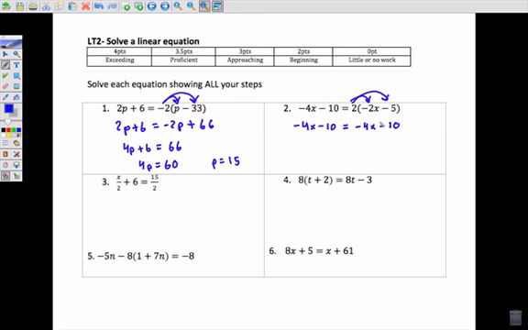And from this point, we can see without even going any further, I've got the same coefficient and constant on the left side. I've got the same coefficient and constant on the right side. So this is infinite solutions.